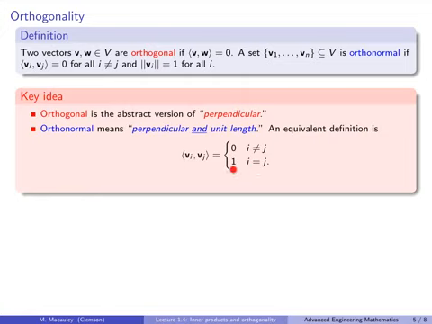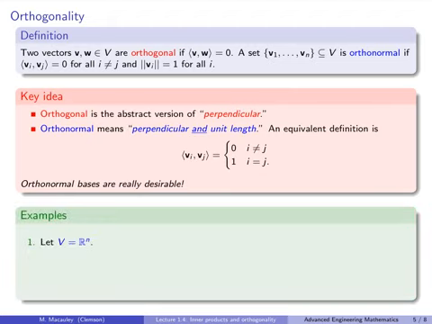Notice that this part where vi dot vi is 1 is equivalent to vi having norm 1. Since this is a key idea, I really want to emphasize that orthonormal bases are really, really desirable. Later we're going to look at more abstract vector spaces of functions, and if we can somehow come up with an orthonormal basis, our life is much, much easier.